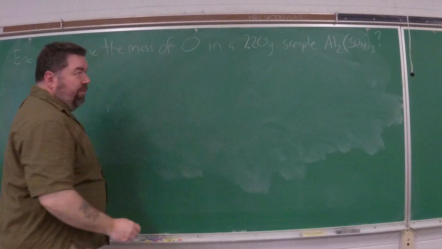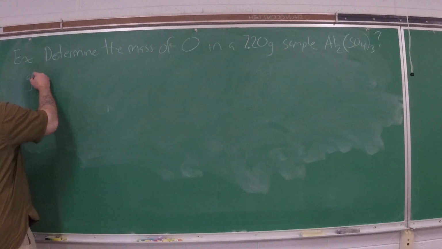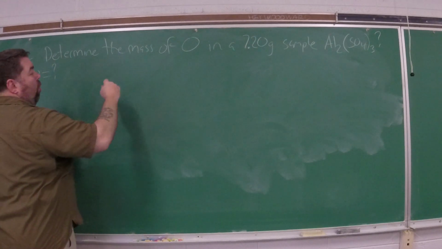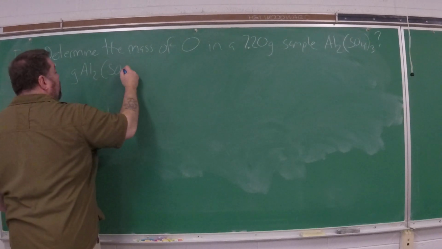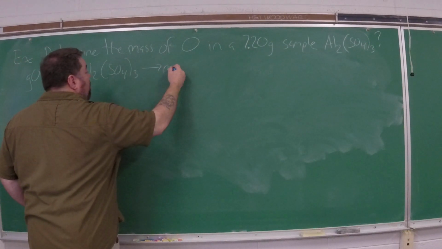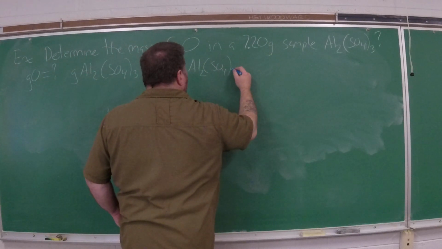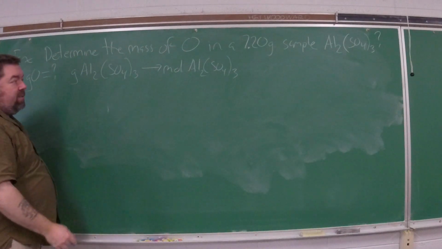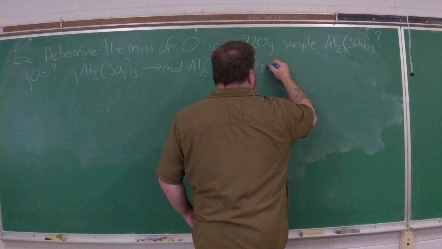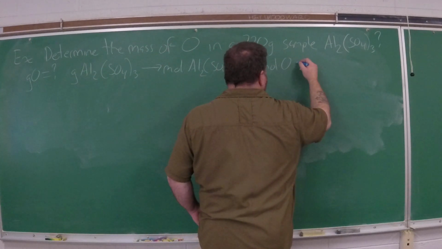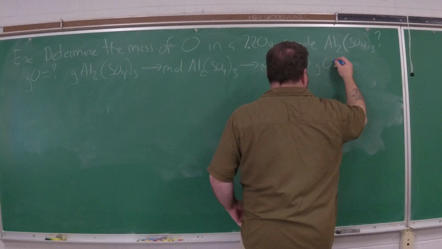Okay, so very similar to the problem we just did, actually pretty much the same. So again, grams of oxygen, question mark. What am I going to do? Going to go from grams of aluminum sulfate to moles of aluminum sulfate using the molar mass, then using the conversion factor in the chemical formula, moles of aluminum sulfate to moles of oxygen, and then once again, using the molar mass, moles of oxygen to grams of oxygen.